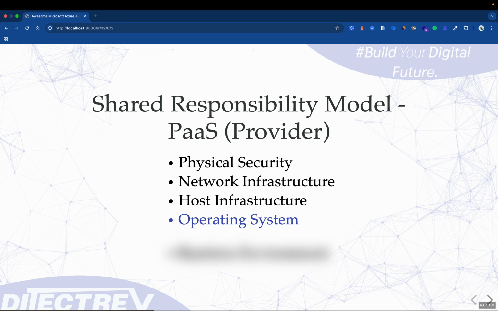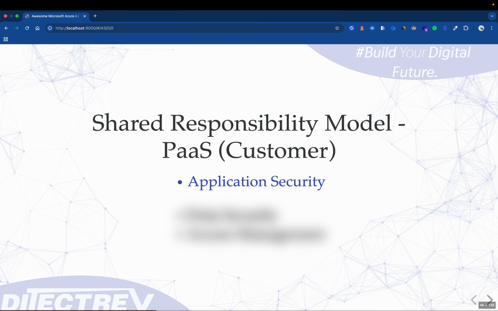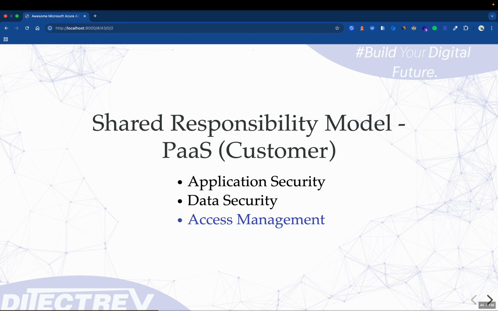So you can see that IaaS gives you a bit more control, based on this example. And the runtime environment. The customer will still manage application security, data security, and also access management.